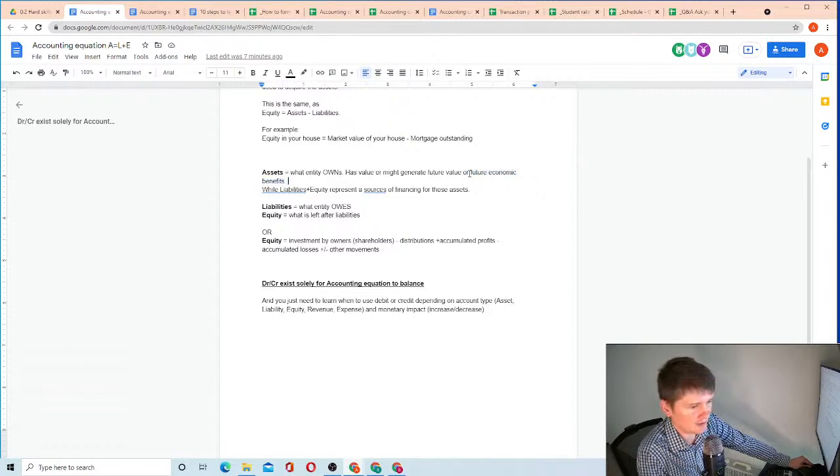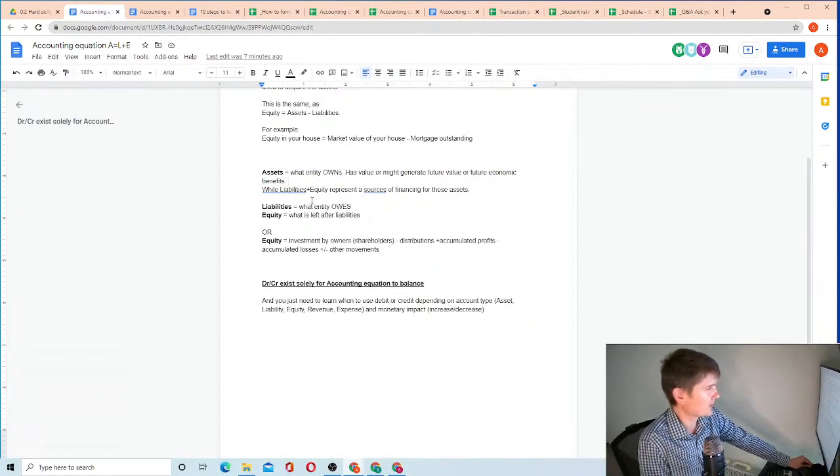If you have cash or property or accounts receivable, which is when you expect your customer to pay you for something you already sold, or inventory, it is all sources of future economic benefits.